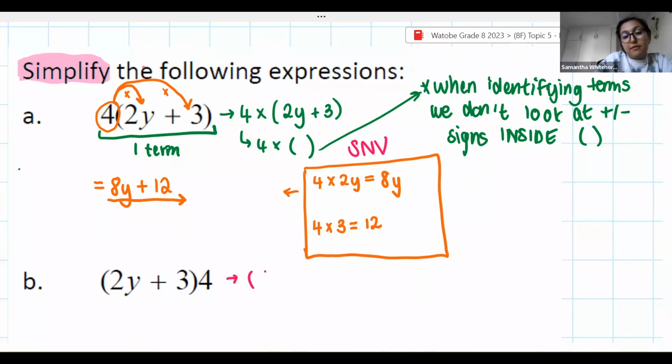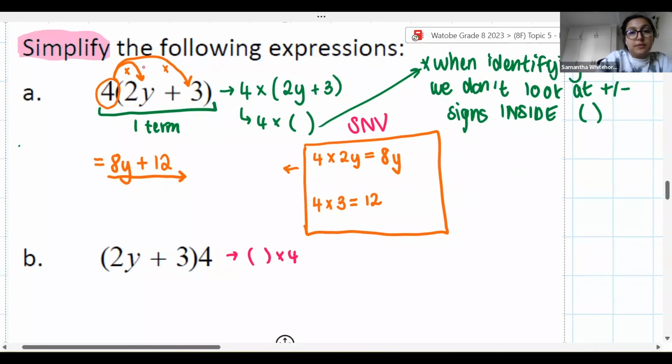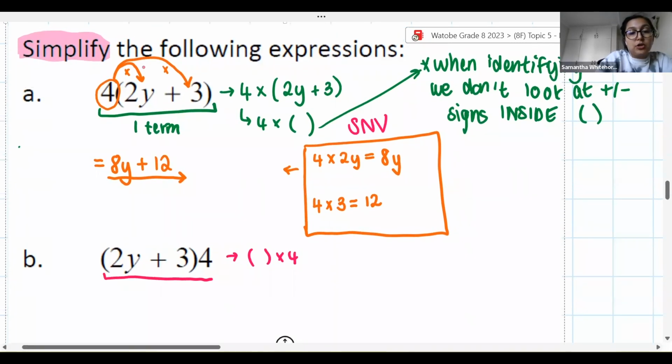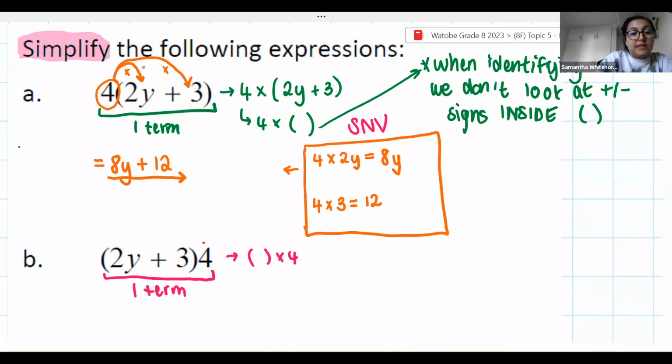We still have a bracket times 4. So we still have 1 term that we're working with here because it's multiplication, and we still therefore want to multiply the 4 into our bracket. So give it a try, see what you come up with.